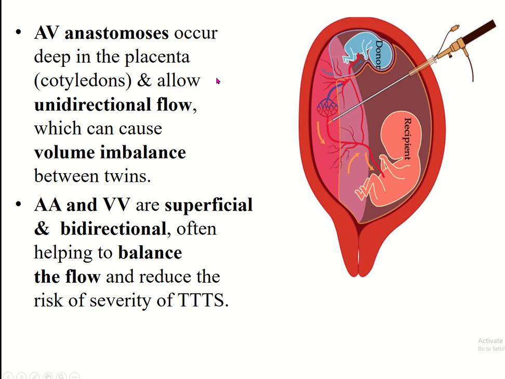AV anastomosis occurs deep in the placenta and allows unidirectional flow, which can cause volume imbalance between twins. AA and VV are superficial and bidirectional and often help to balance the flow and reduce the severity of TTTS, but it is not 100% secure against TTTS symptoms.